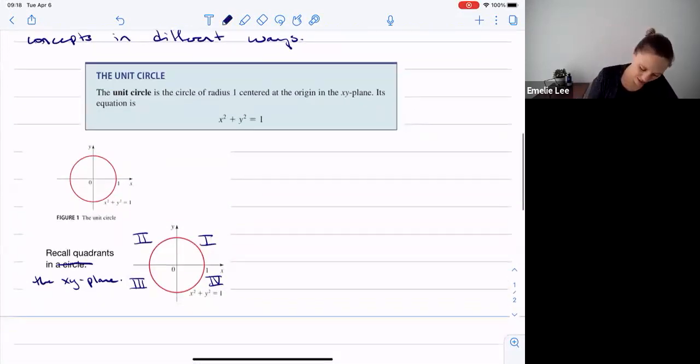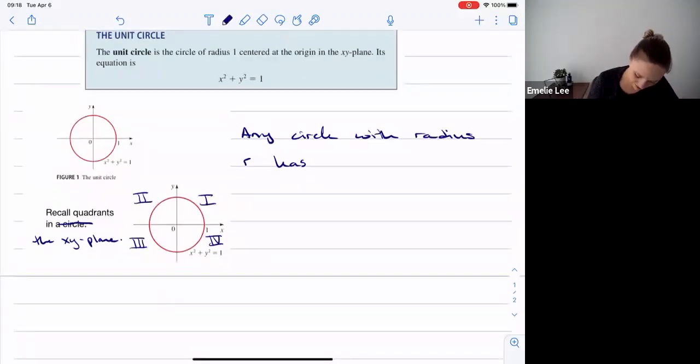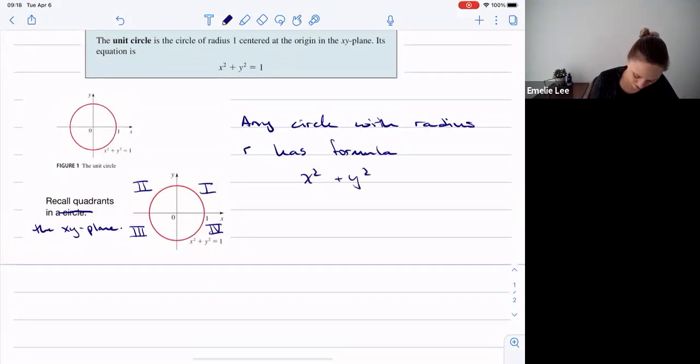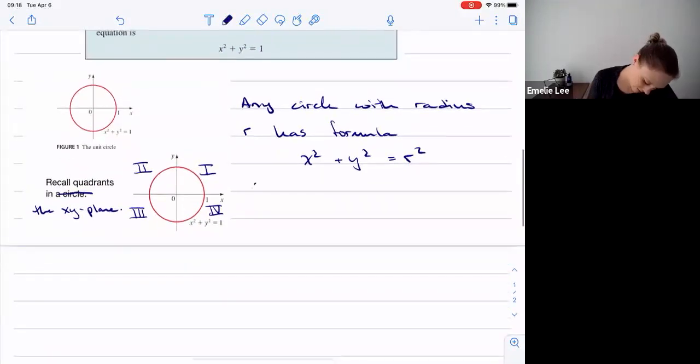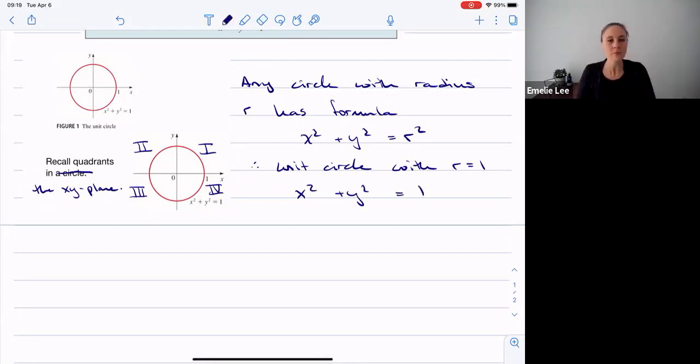Recall that any circle with radius r has the formula x squared plus y squared equals r squared, right? But if the radius is 1, that's why the unit circle has x squared plus y squared equals 1. Therefore, the unit circle with r equals 1 is x squared plus y squared equals 1 squared, which is just 1. Okay. So let's see here.